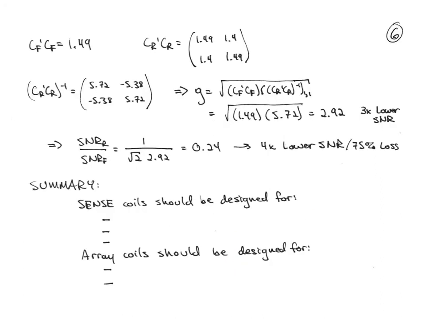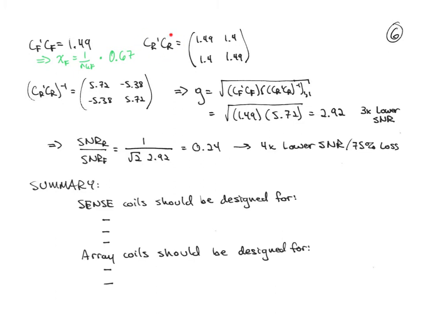Now here, our CF transpose CF is going to be a much larger value than it was for the good SENSE coil, and that's going to lead to a noise variance for the fully sampled acquisition of 1 over n sub kf, the same in both cases, but multiplied now by 1 over 1.49, which is about 0.67. So this is a lower number than it was for the SENSE case.